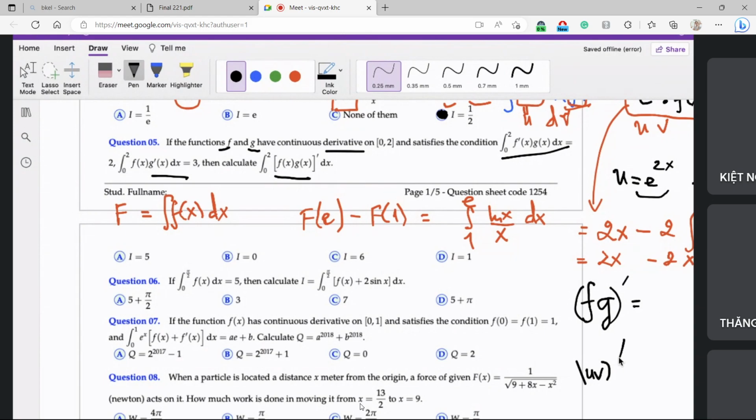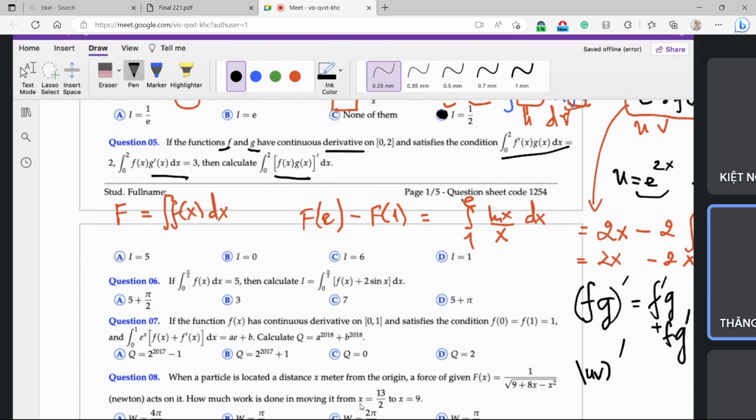Okay, so what is the derivative of f times g, class? It's the derivative of f combined with g plus f combined with g derivative.